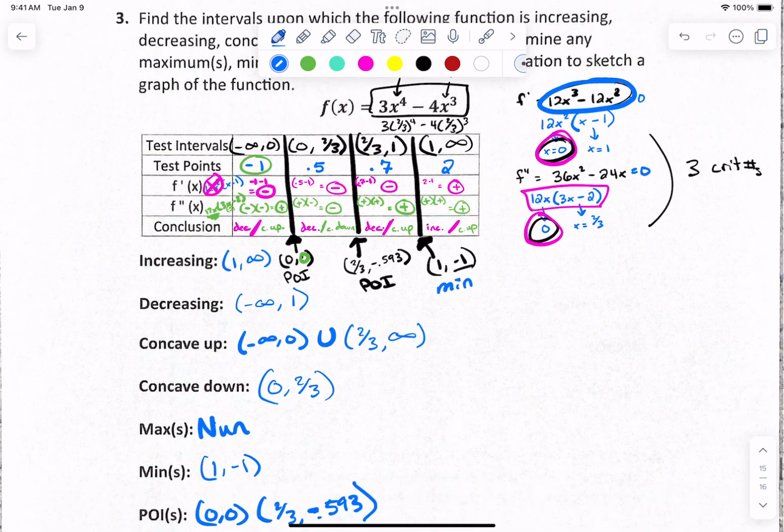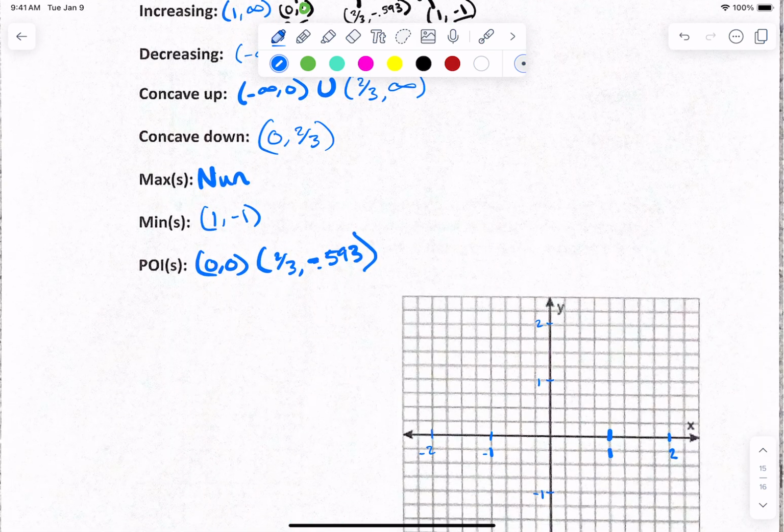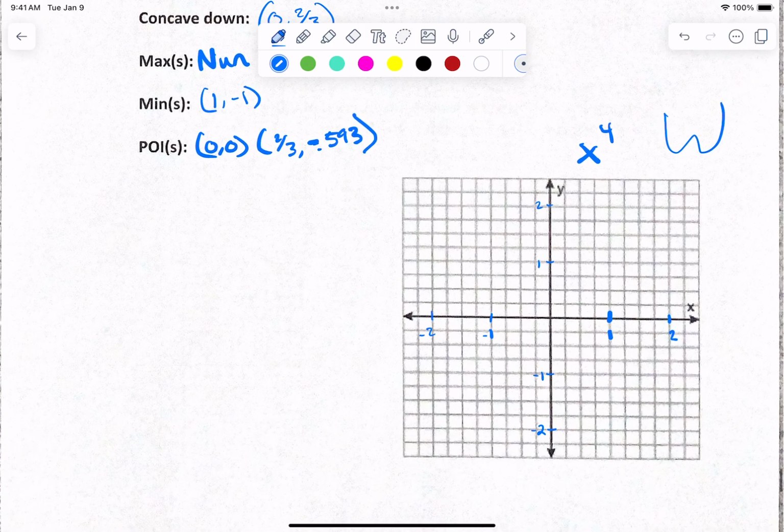X to the 4th. We have an x to the 4th power function, and he's positive, so he's going to be like a W, kinda, maybe. Okay. So 0, 0 is on there. 1, -1 is right here, and 2/3, -0.5 something right here.